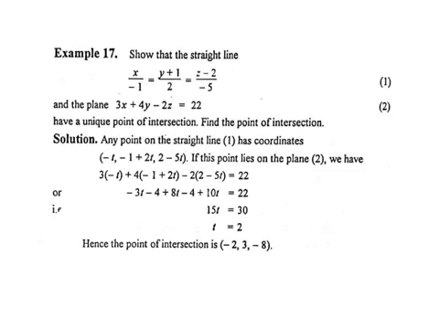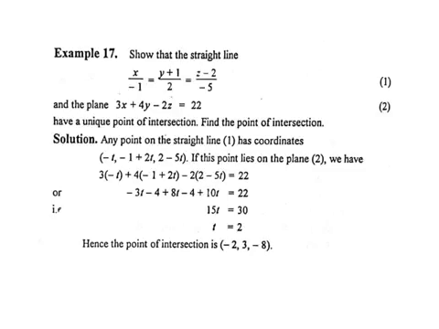Then it gives x equals minus t, y equals minus 1 plus 2t, similarly z equals 2 minus 5t. So equation number 1 has the point with coordinates minus t, minus 1 plus 2t, 2 minus 5t.